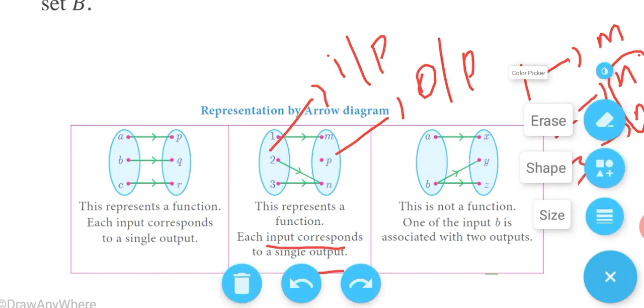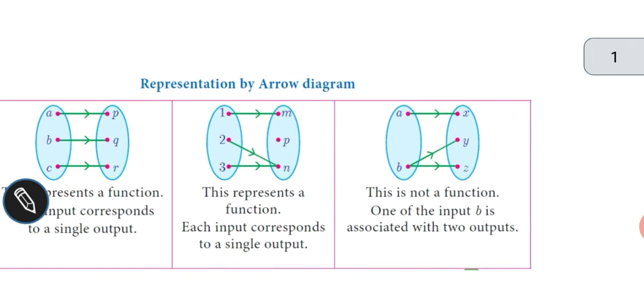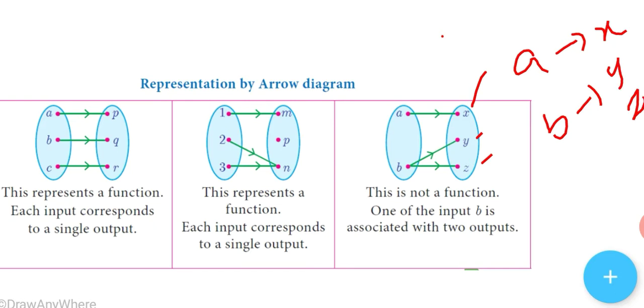Okay, so look at the third picture. In this picture, in input we have two inputs A and B, in outputs we have X, Y, Z. Okay, input side A is associated with the output side X. Input side B is associated with two outputs, that is Y and Z. Okay, so according to the definition, this is not a function.